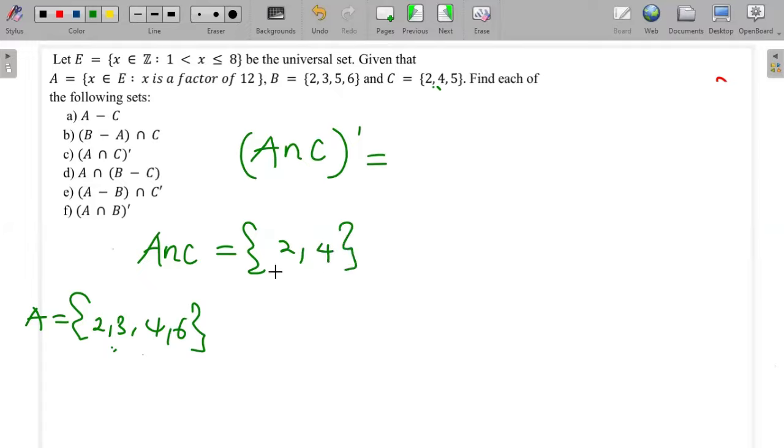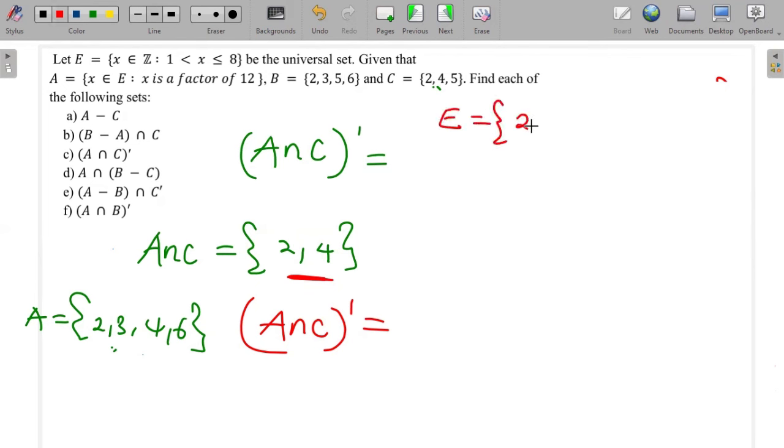Now I'm not interested in the A intersection C itself. It's just going to help me find the answer. What I'm interested in is the complement of A intersection C. So I want to find whatever elements are not here but are in the universal set. Remember the universal set E was starting at 2 all the way to 8.